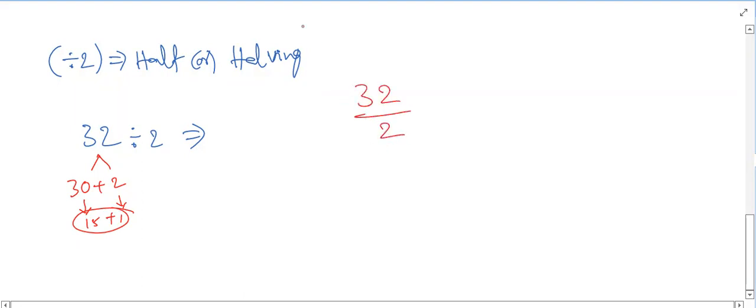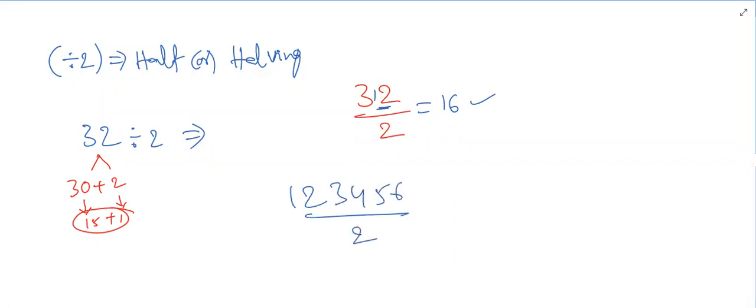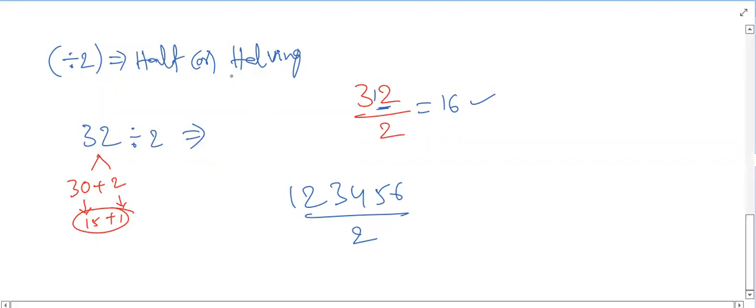Okay. Otherwise, you know this method already, right? 2 goes how many times in 3? 1 time with remainder 1. Now it is 12. 12 by 2 is 6. So, sir, I have been dividing in this way only, every time.